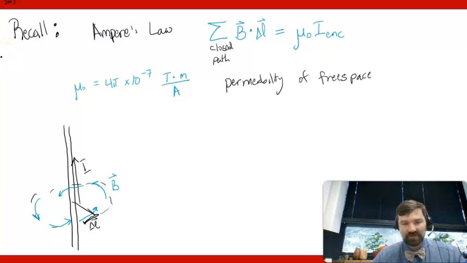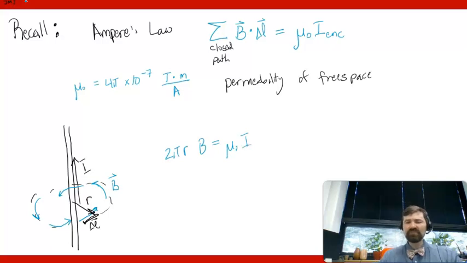So if this has some radius r, then we end up being able to write something like 2 pi r B is equal to mu naught I. And from that we were able to solve for the magnetic field strength B from this current carrying wire.